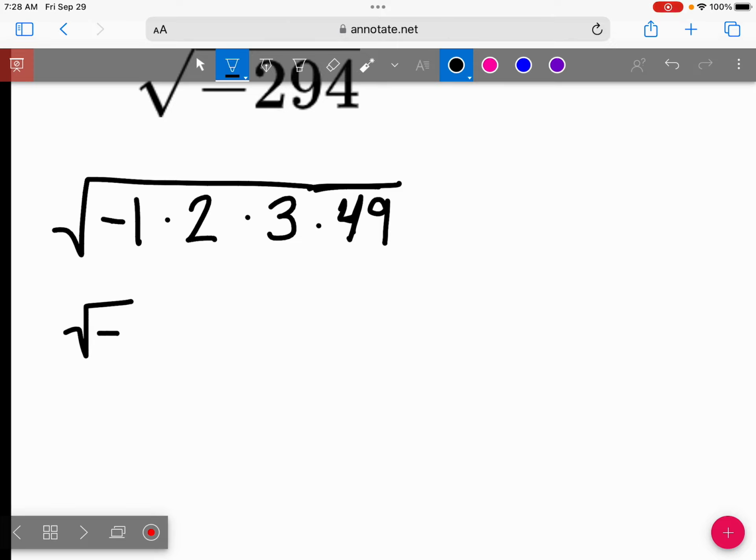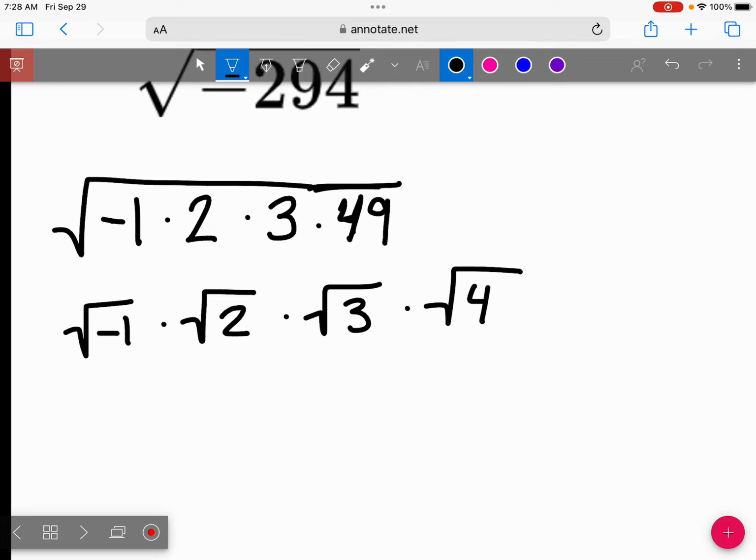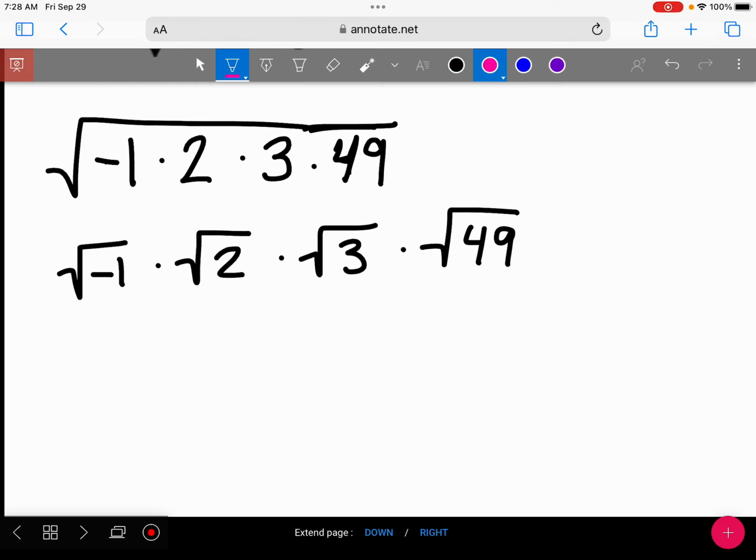Square root of -1 times square root of 2 times square root of 3 times square root of 49. Square root of 49 is 7. Square root of -1 is the piece we call I.